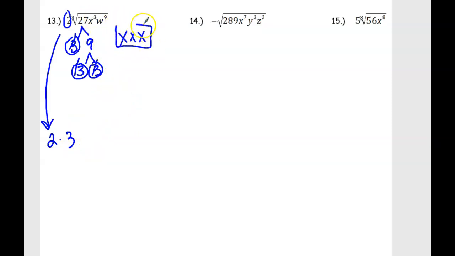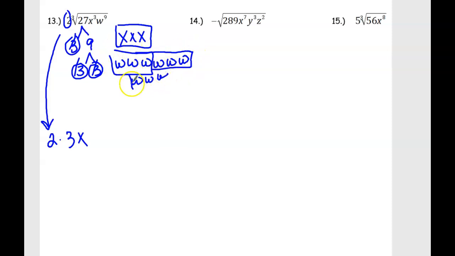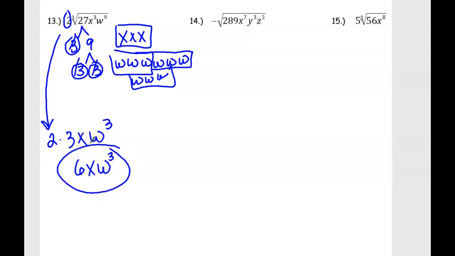I'm looking for triples, so I've got 1 set of triple x's, and for our w's we actually have 9. If you divide by 3, you can think of 1, 2, 3, so your w is going to be cubed, 3 sets of the w's. When you multiply it out, you get 6xw cubed. Nothing to put under the radical, so we just leave it without it.